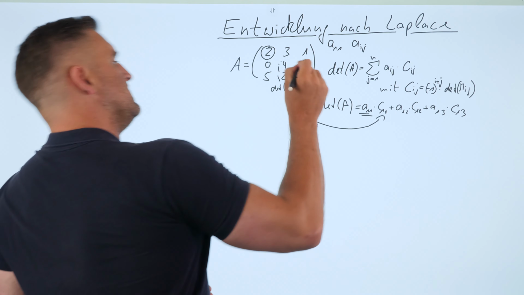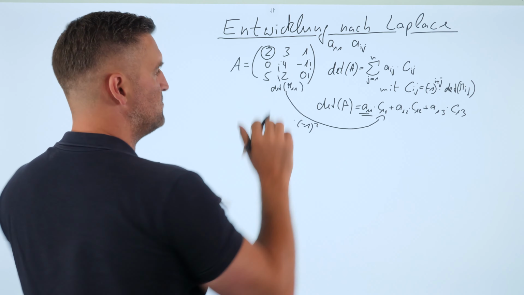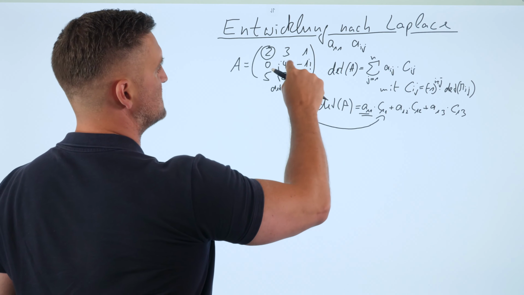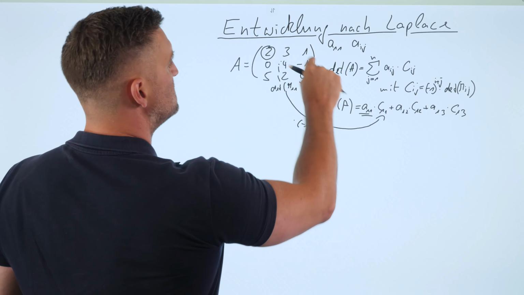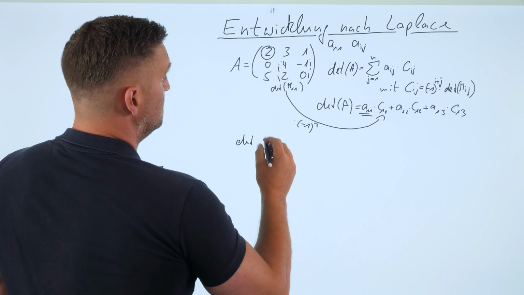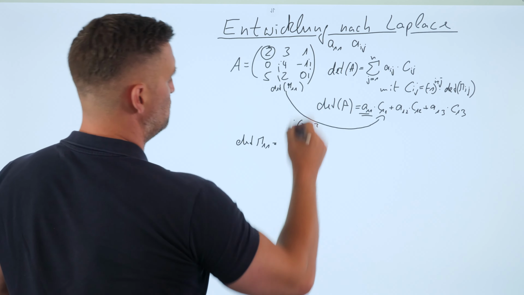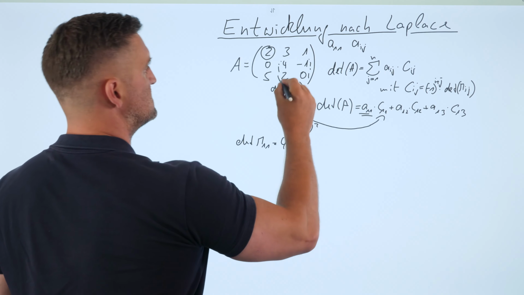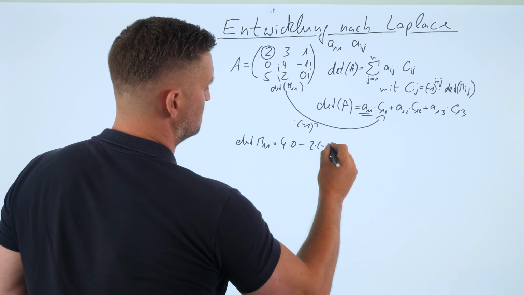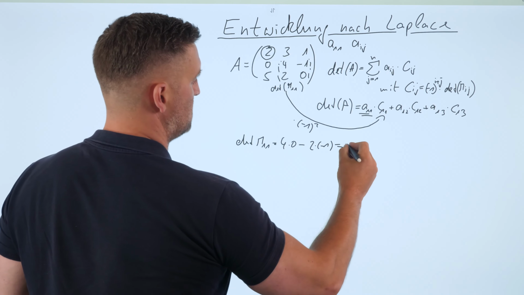Now we have to determine the determinant of M1,1, and then we'll use the formula here. This is a 2 by 2 matrix, and its determinant is equal to 4 times 0 minus 2 times minus 1, which is 0 plus 2, so 2.